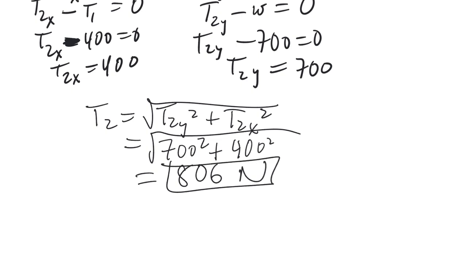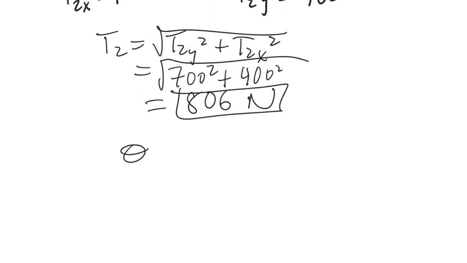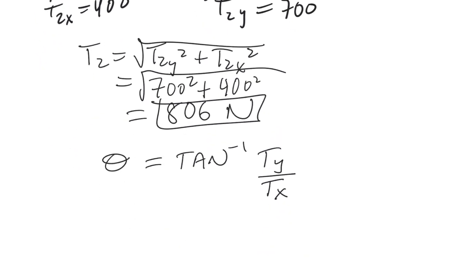Now, they ask for the angle right there, that angle. So you can use your equation sheet, inverse tangent of the opposite, TY over TX. Actually, that's T2.